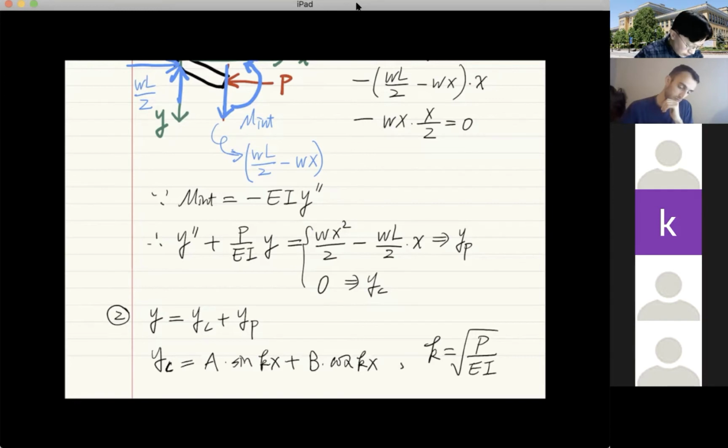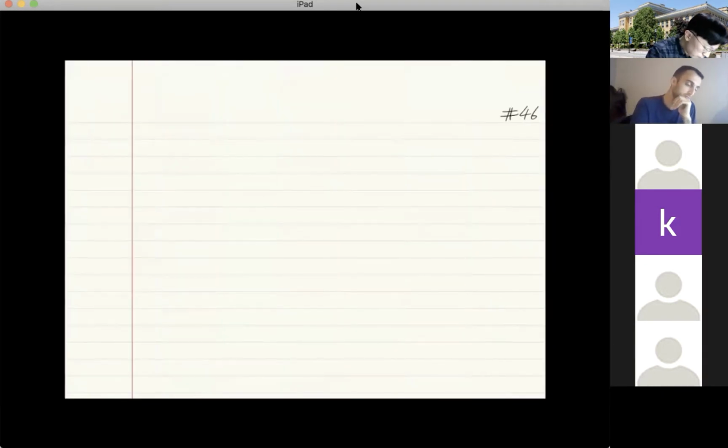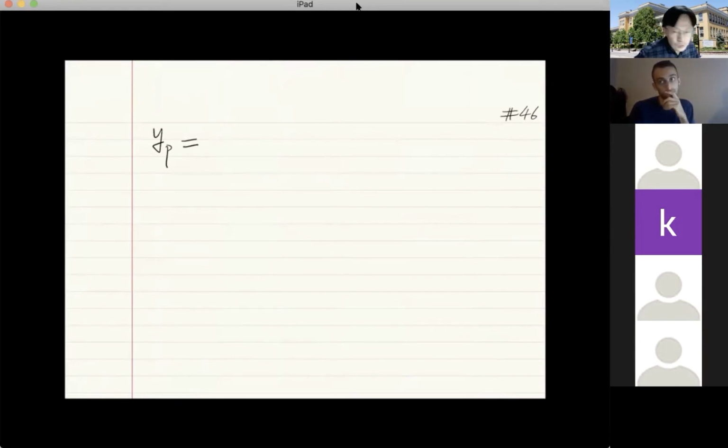Now, for the particular solution, it carries this form. If you have polynomials as the non-zero term, the particular solution will carry the same form, with only one order different, which means it has to be continuous.